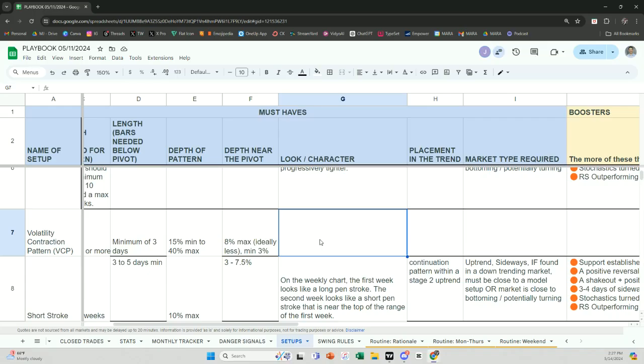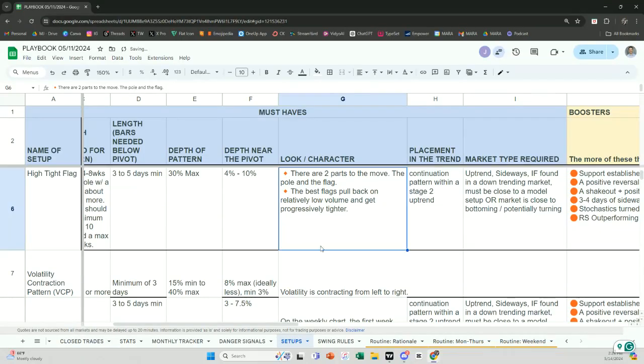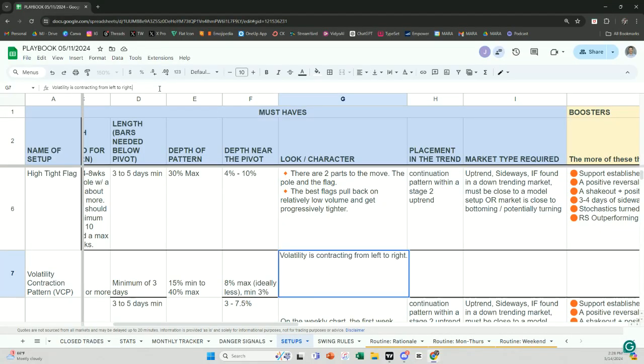So let's continue. Look and character, right? What would you say the look and the character is of a VCP based on what you've seen so far? Contracting volatility, maybe a tightening of range, maybe a drop in volume. Very good. So volatility is contracting from left to right.